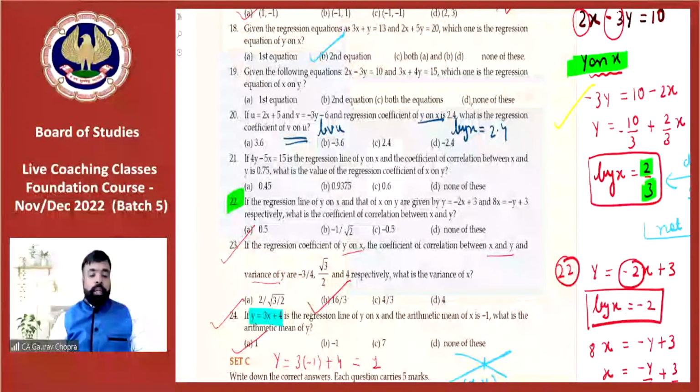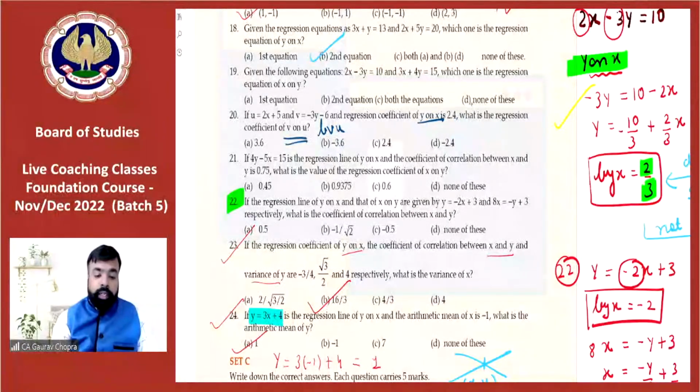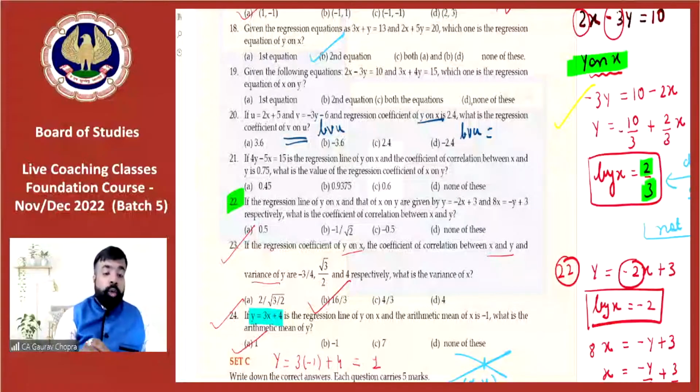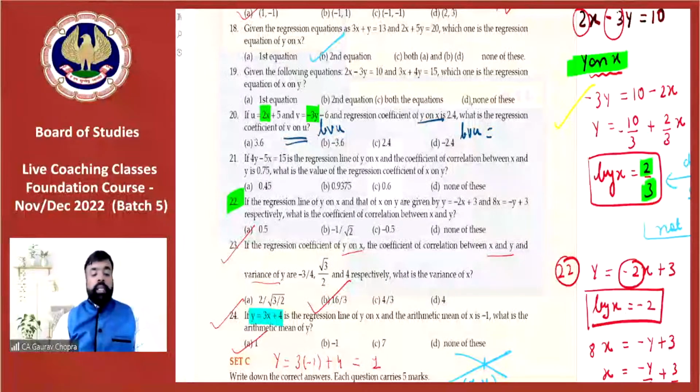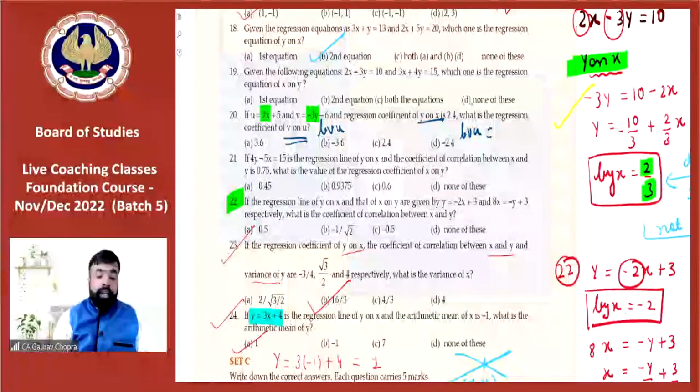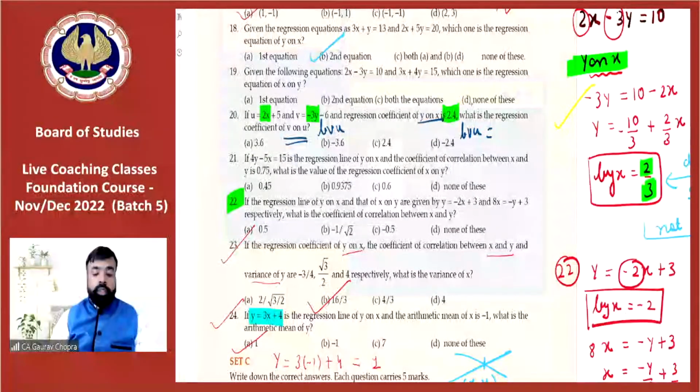Okay, so simply what you have to do, BVU is required, so you can take the coefficient of both equations, like the coefficient of x is 2, the coefficient of v is -3, and byx is 2.4. You can directly use the values.